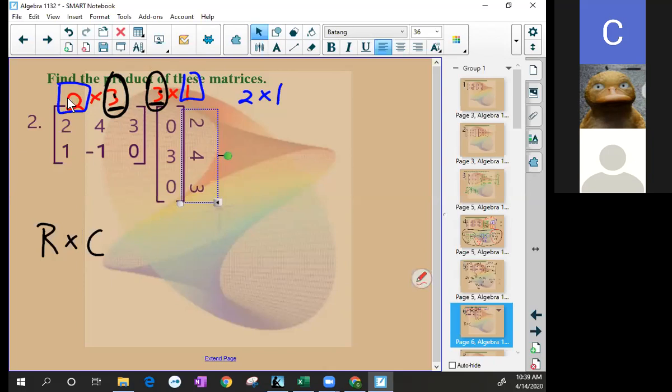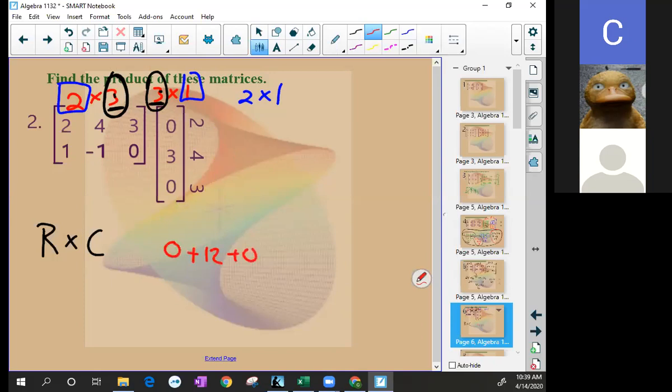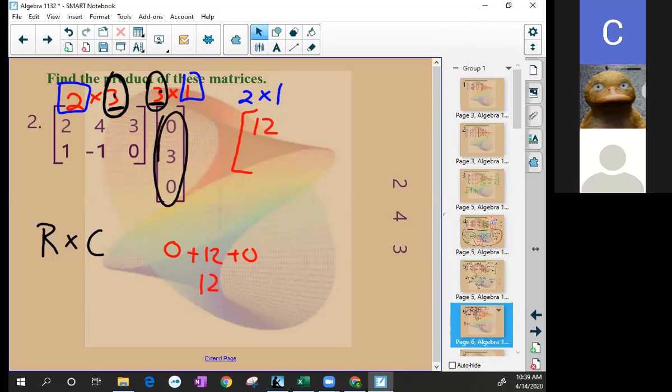So I'm going to have 0 plus 12 plus 0. That gives me a 12. That's my first answer. Now, there's no other column to multiply here. So I'm finished with that first row.